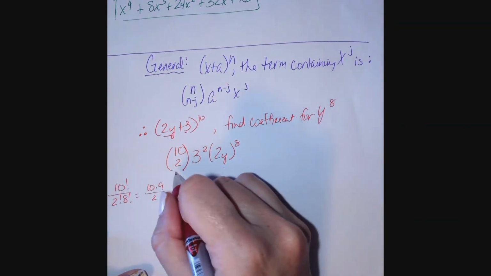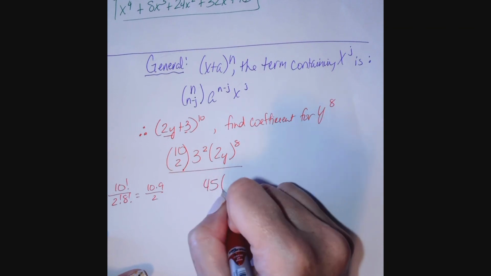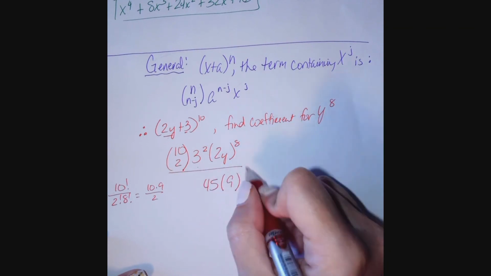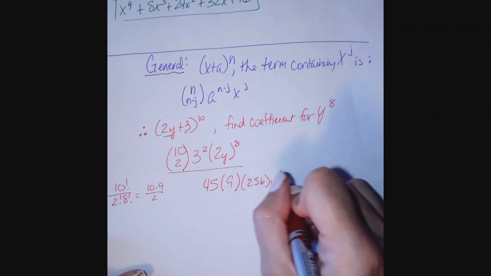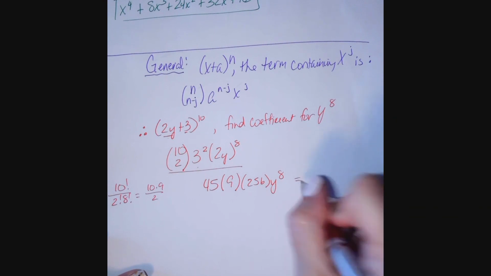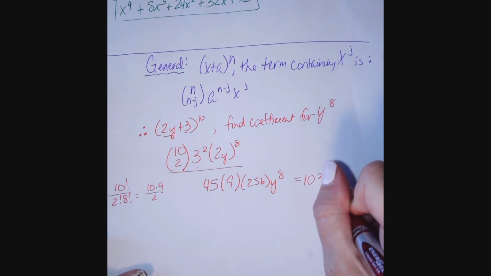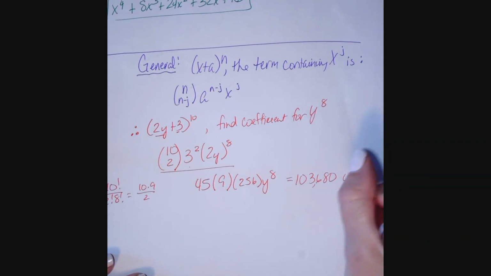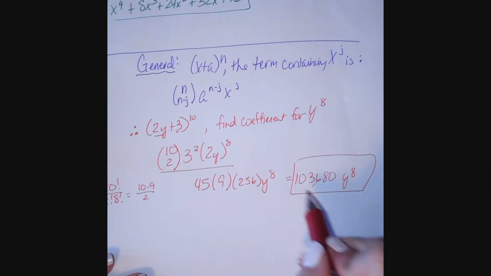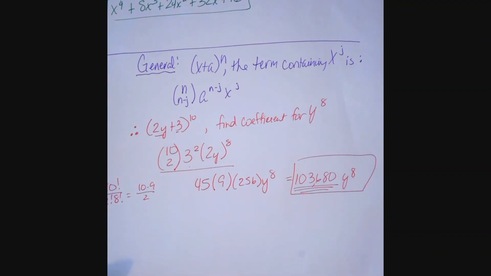So therefore this is going to be 45 times 3 squared is 9, and then 2 to the 8th is 256, y to the 8th, which gives me 103,680 y to the 8th. So my coefficient for this term is that 103,680. That's what I was being asked for. But this makes things a lot easier if I'm just asked for a single value. I don't have to do the entire expansion.